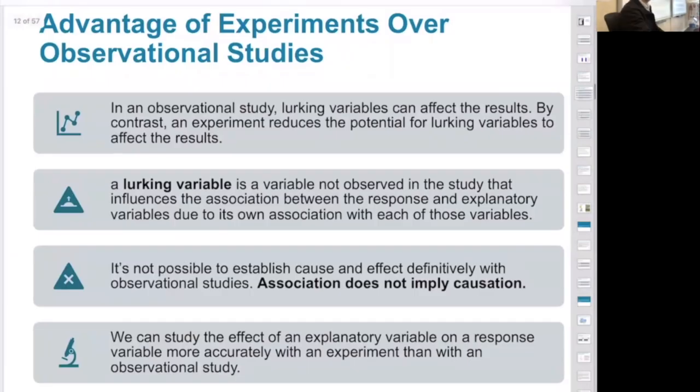So there are some advantages for the experiment over the observational studies. What are these advantages? First of all, in the observational study, we have something called lurking variables. What do we mean by lurking? Hidden variables, which can affect the results. By contrast, the experiment reduces the potential for lurking variables to affect the results. Why?